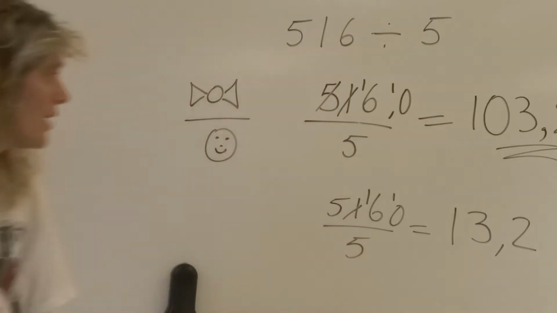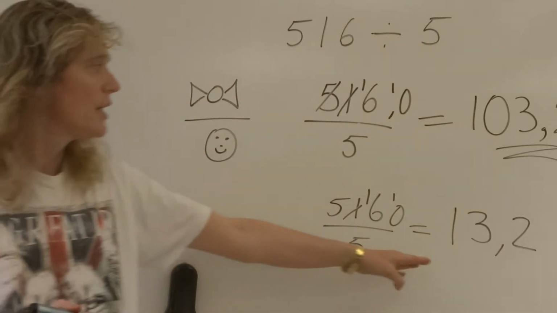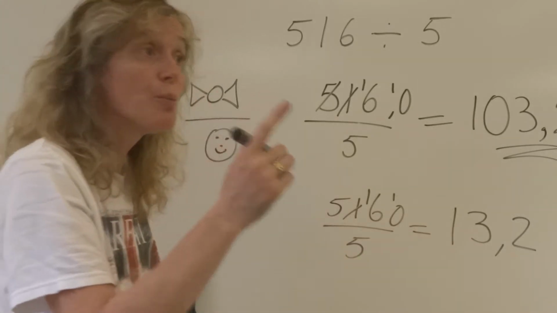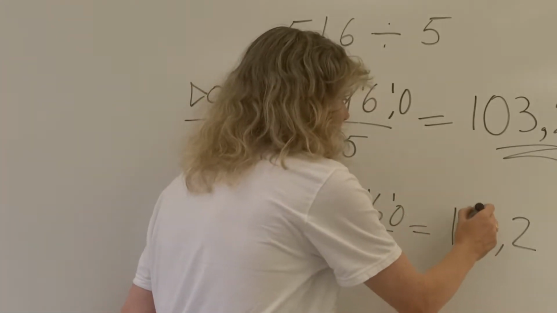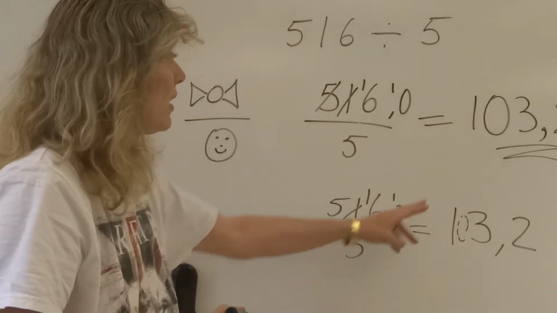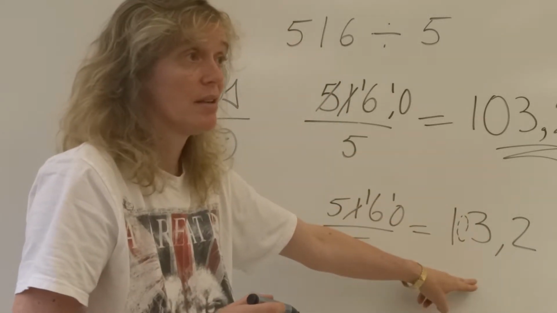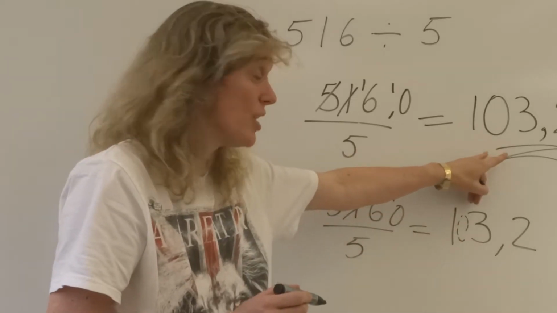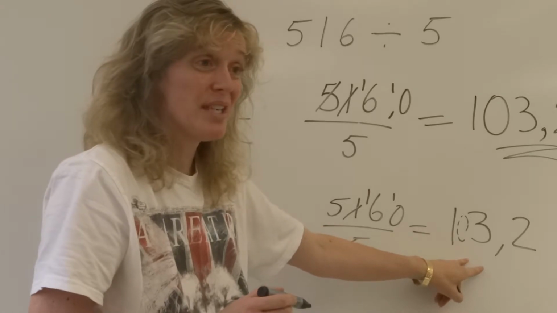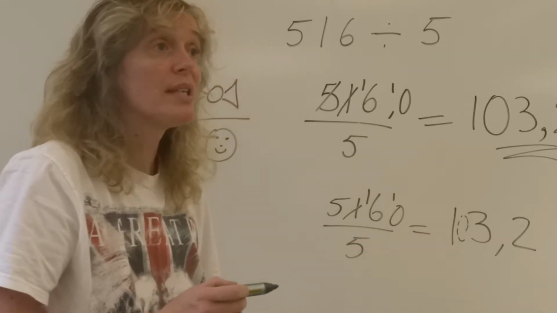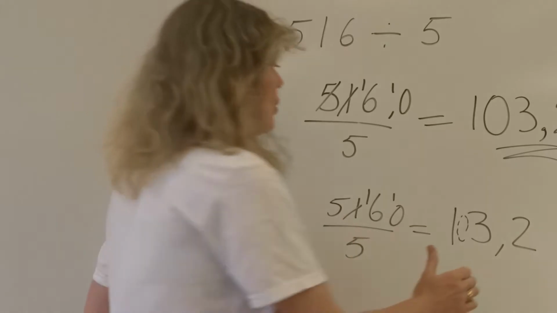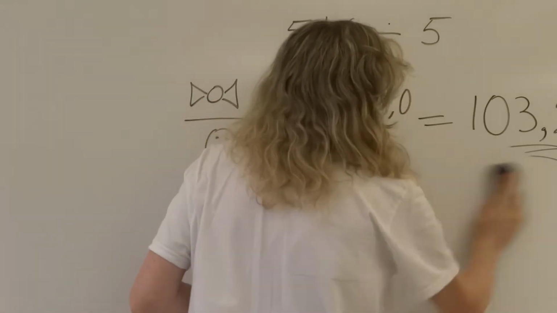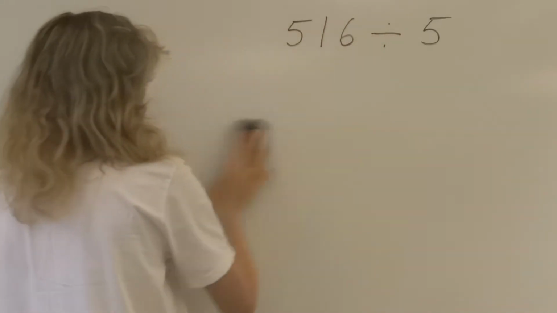So you get the answer 13.2. What have you forgotten to do? You've forgotten to put in that 0. And there's a big difference between that answer and this answer. Saying 500 divided by 5 is about 100, compared with saying it's about 13. So extremely important when you say no sweets, couldn't use them, that you put in that 0 or you get the totally wrong answer.